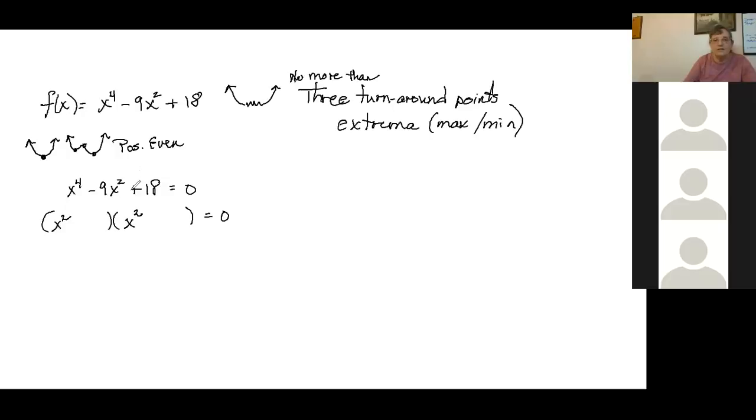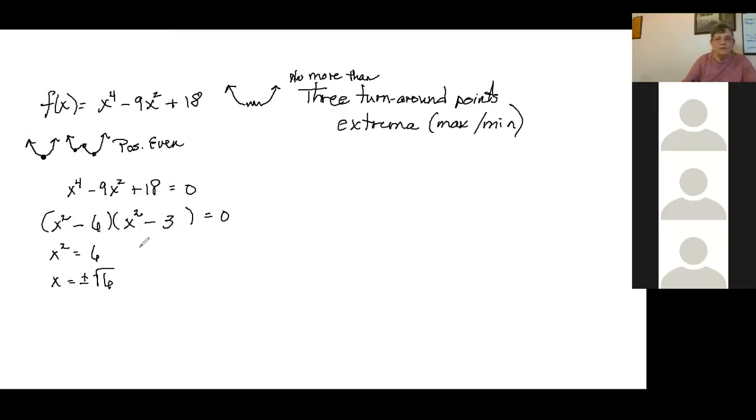Well, the factors of 18 that would add up to 9 would be 6 and 3. And to get a negative 9 out of that, it'd need to be a negative 6 and a negative 3. If I set this equal to 0, x squared minus 6 equals 0 is going to give me x squared equals 6, or x equals plus or minus the square root of 6.